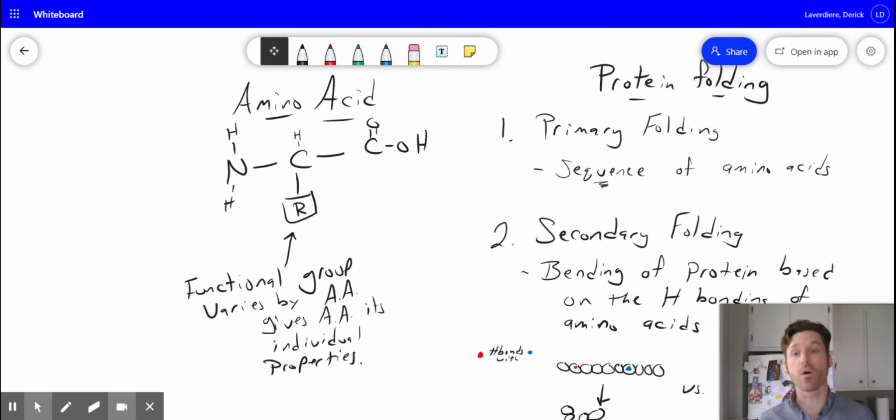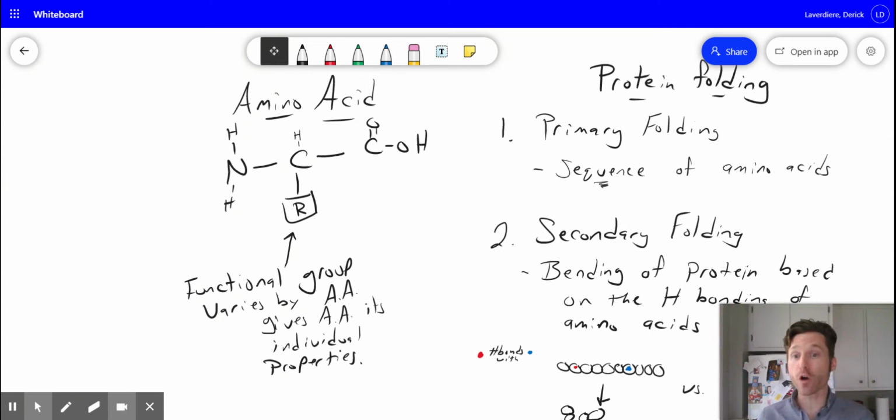Right? So the only chemically active site on an amino acid is this functional group here. Okay? And so whatever chemical properties the functional group has, those are the properties of this amino acid. So if you put an acidic functional group on this base, then you have yourself an acidic amino acid.